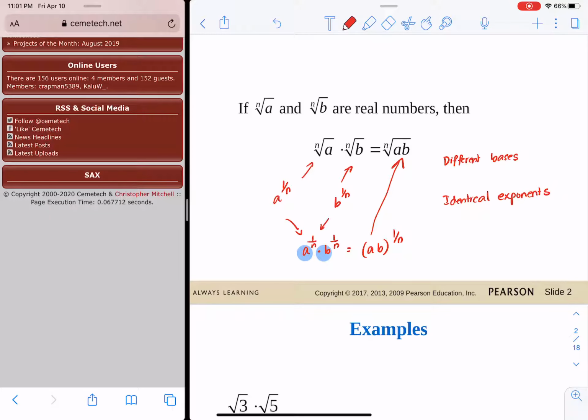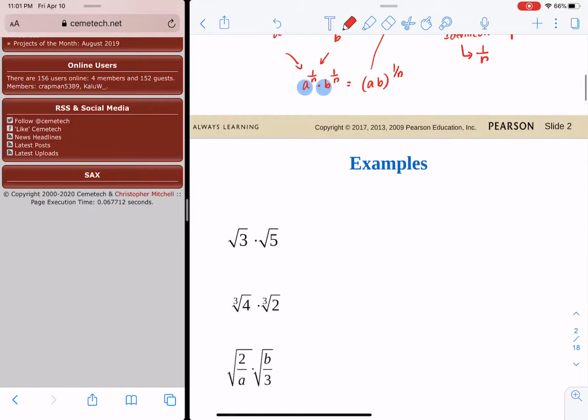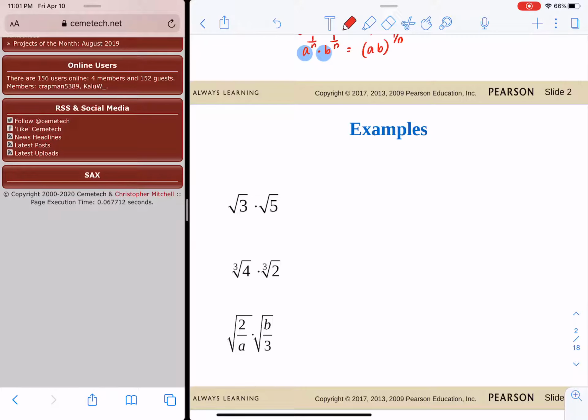So in this scenario, we have the bases as A and B. The exponents for both A and B are 1 over n. So here we have square root of 3 and square root of 5. So I combine the square roots and simply write it as 3 times 5 because we have different bases.